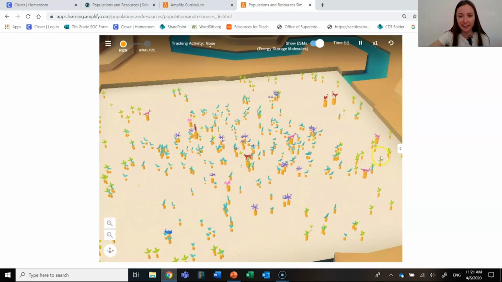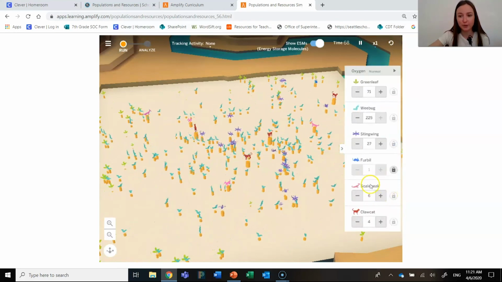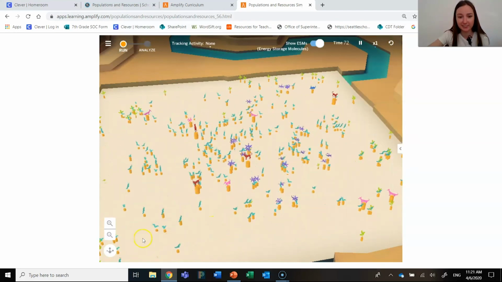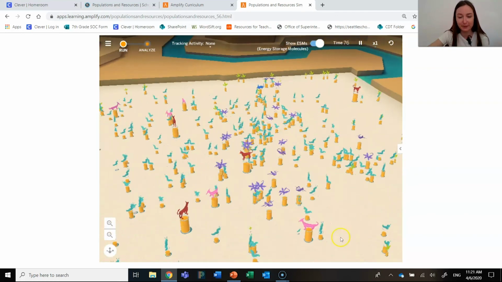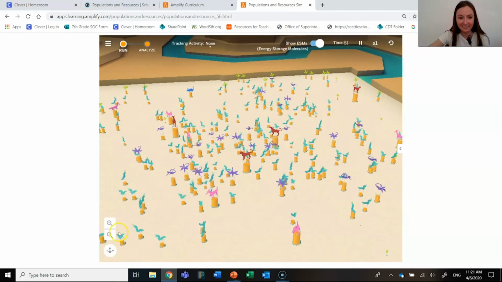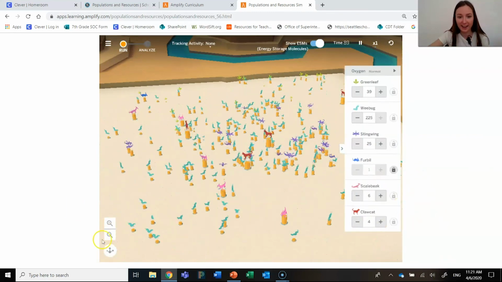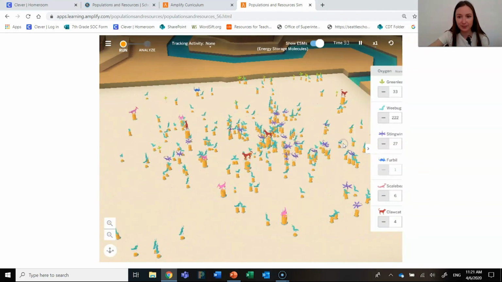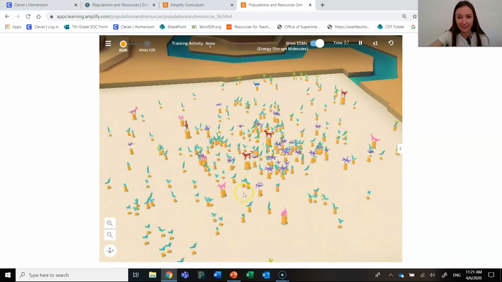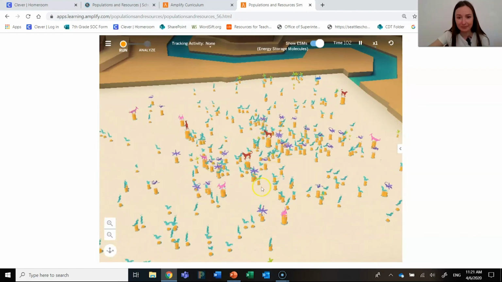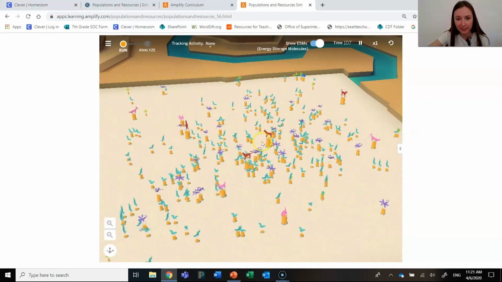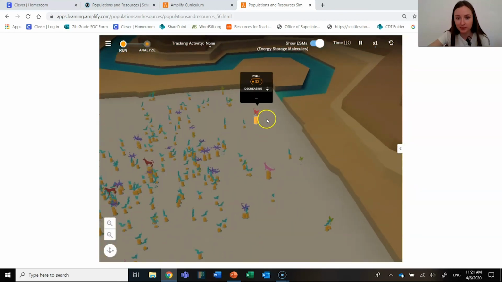So we really have no furballs. I don't see really any blue in our population. I'm still seeing our 4 claw cats. So we're still seeing they're there, but it is looking like they're not really able to do much.